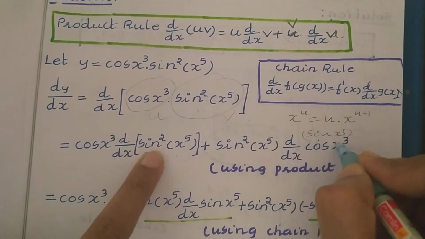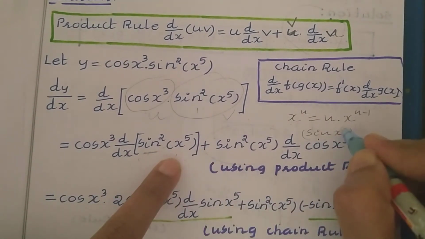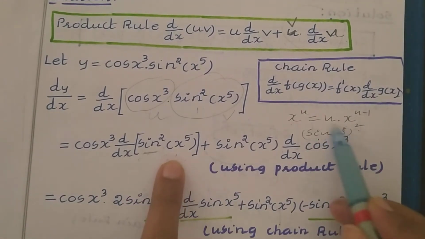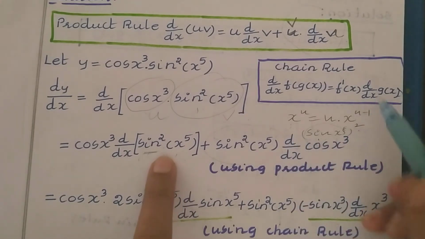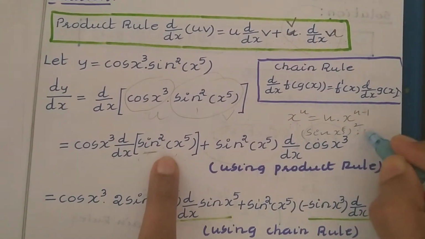This is nothing but sine square x to the power 5, which is nothing but sine x to the power 5 whole square. So we are taking this entire thing as x and we are applying this formula now. So we get, if I apply this, 2 into sine x to the power 5, then 2 minus 1.